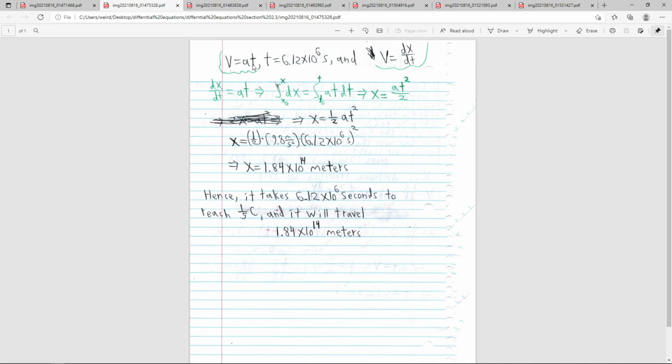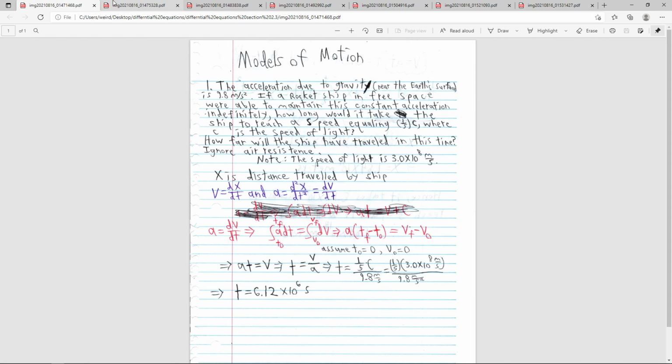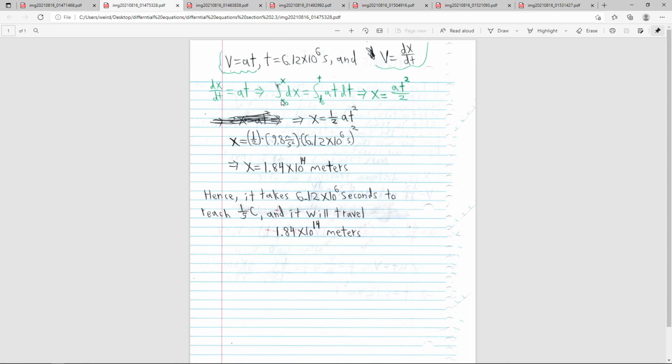Then you have to solve for the distance. We know v equals at, and v equals dx/dt is now what we want. So dx/dt is equal to at, because we know v equals at from this part. And we can solve by separating the variables.